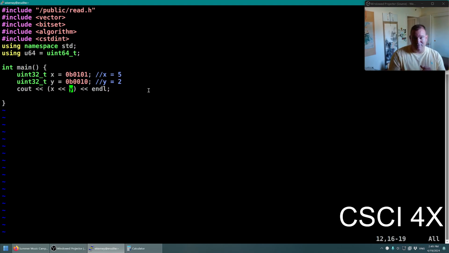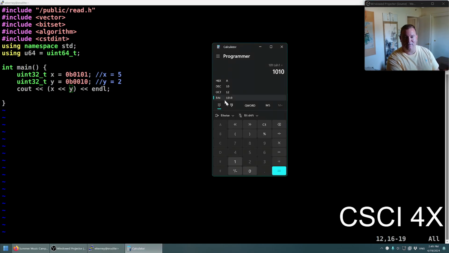We move it left again, what do we got? 101, move it left twice. Not 10, it's the number 2. We're in binary mode. 101, left shifted twice is 10100, which in decimal is 20.